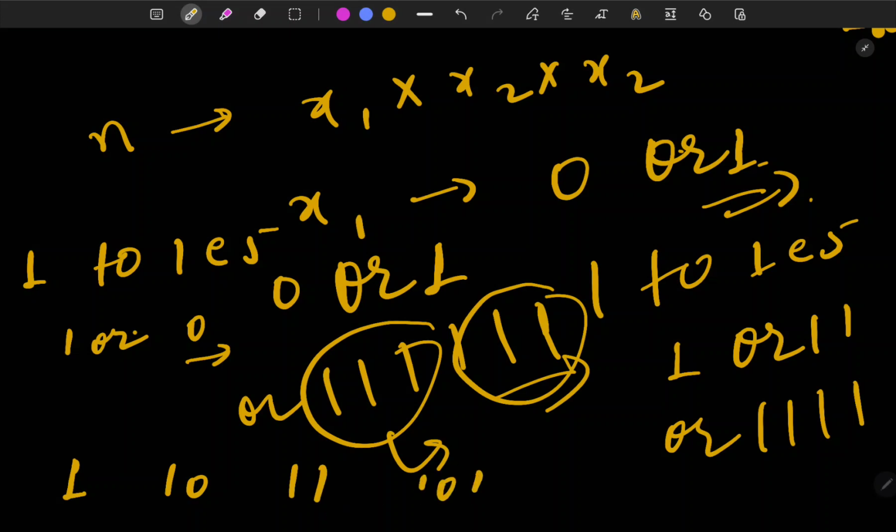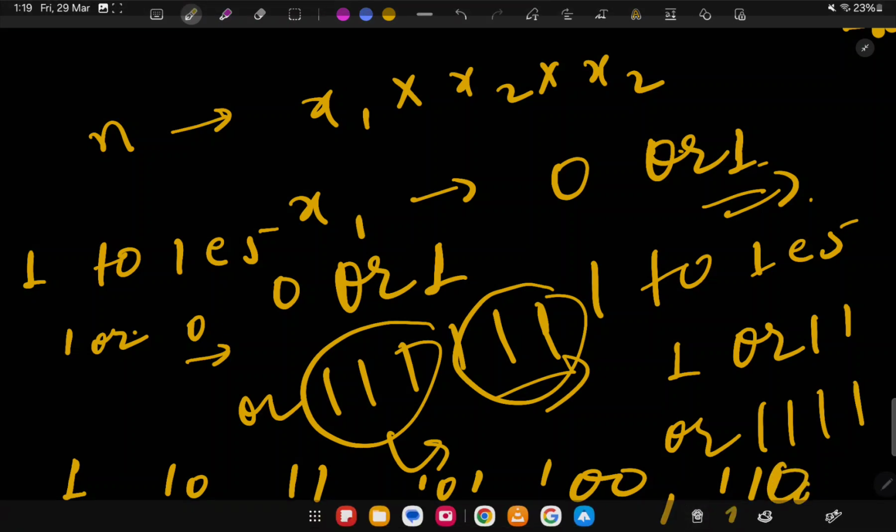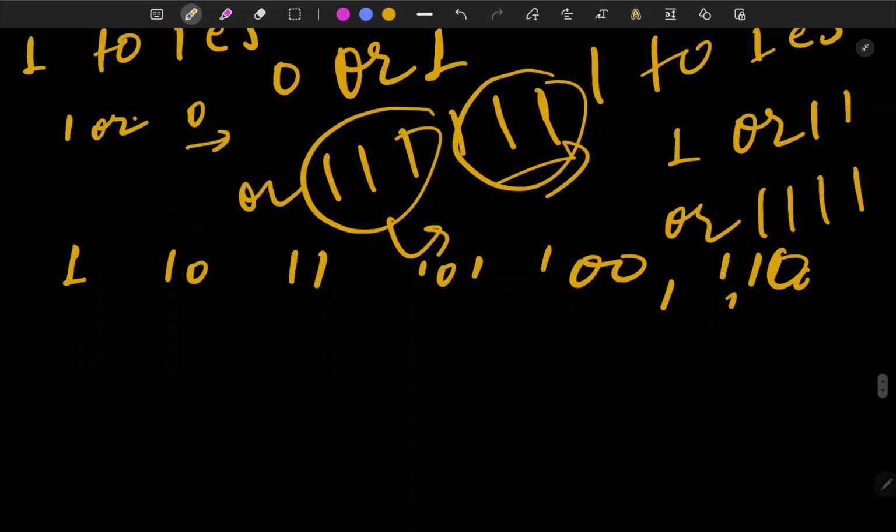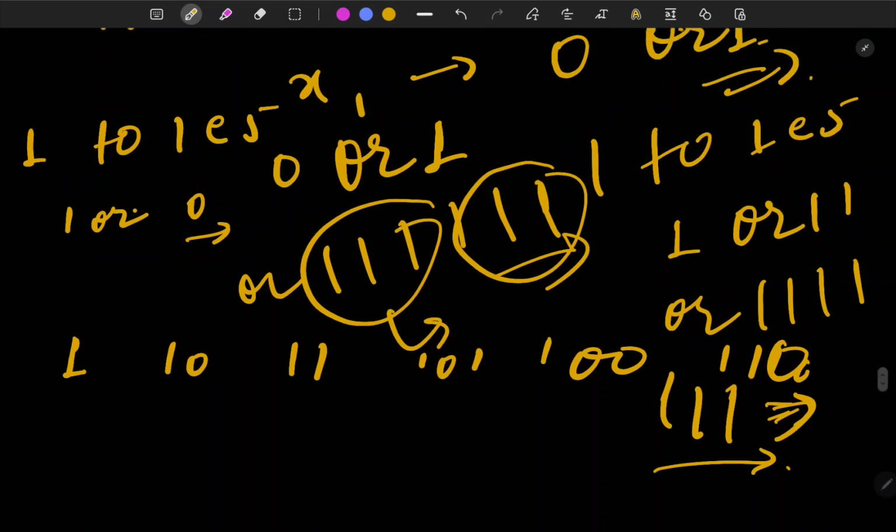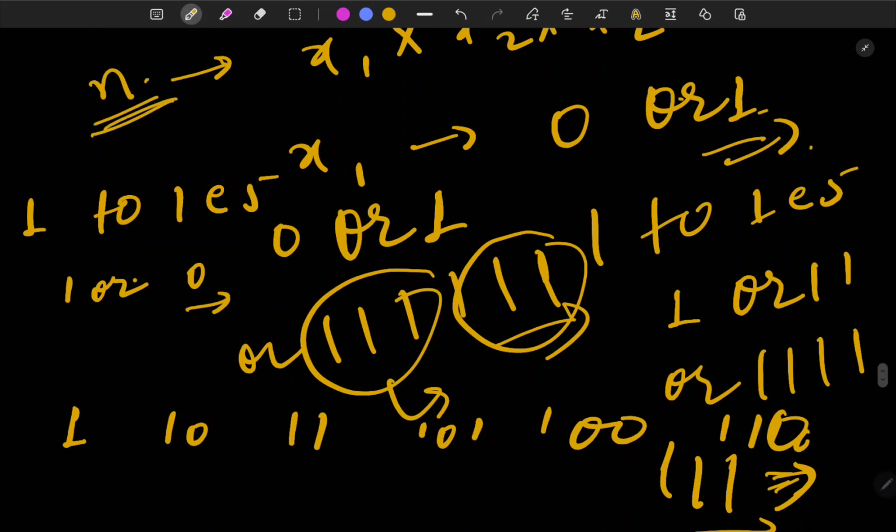I will store all those numbers which consist of these binary digits, and then I will start dividing n by all those numbers, checking whether it is divisible by any of them or not.